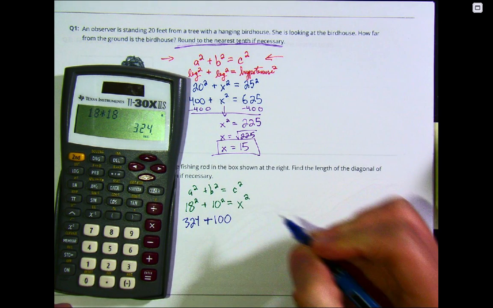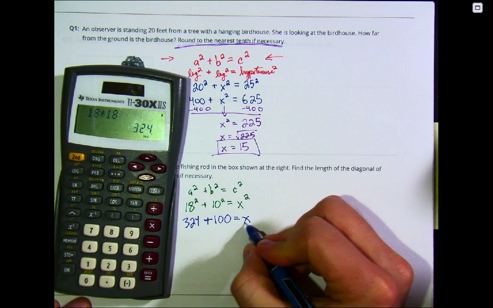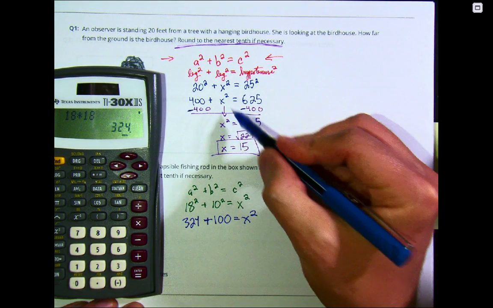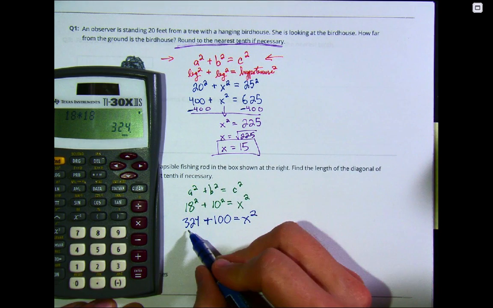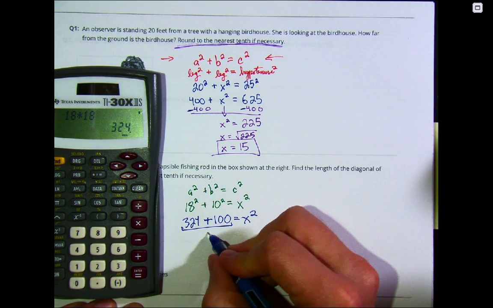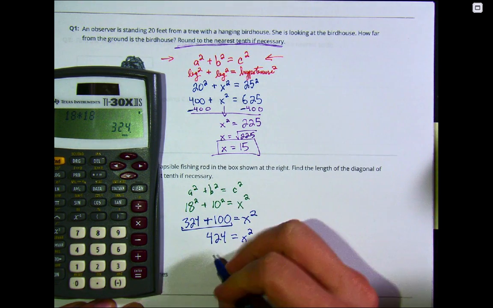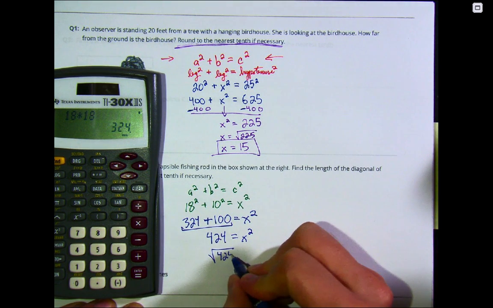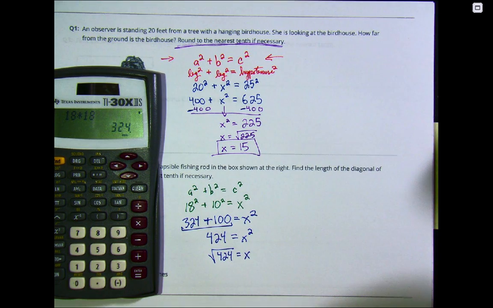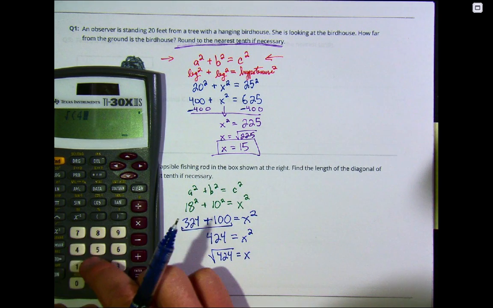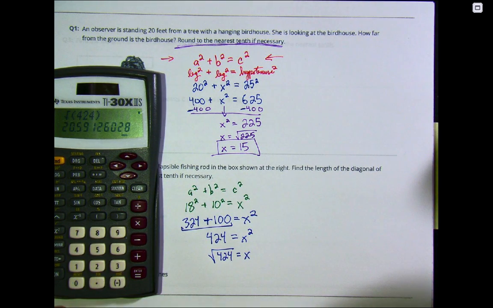That's 10 times 10. And for this one, unlike up here where I had to subtract and then unsquare, I'm just going to add and then unsquare. So what does that come out to? Well, let's find out. The square root of 424, it's irrational.